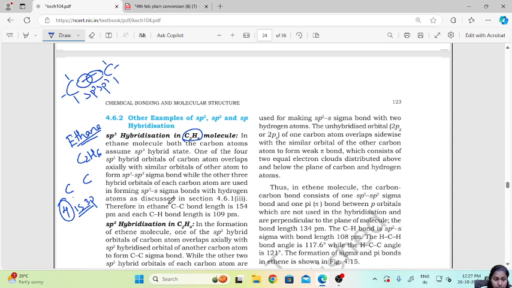Therefore, in ethane, the CC bond length is 154 picometers and the CH bond is 109 picometers. The CC bond length is greater than the CH bond length, because the carbon-hydrogen bond is formed between an sp3 hybrid orbital of carbon and the s orbital of hydrogen.